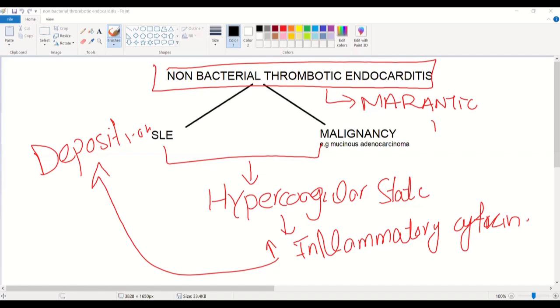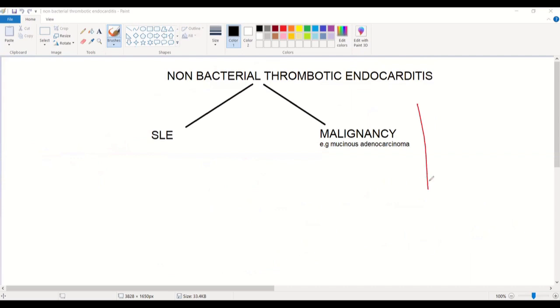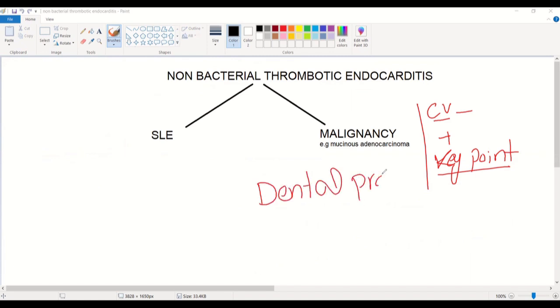How do they come in the exam? First they give you the clinical vignette, then they give you the key points. You have to identify the bug, right? If they say dental procedure in the history, what will come to your mind?